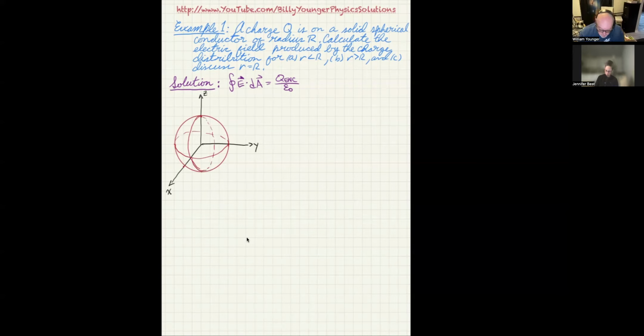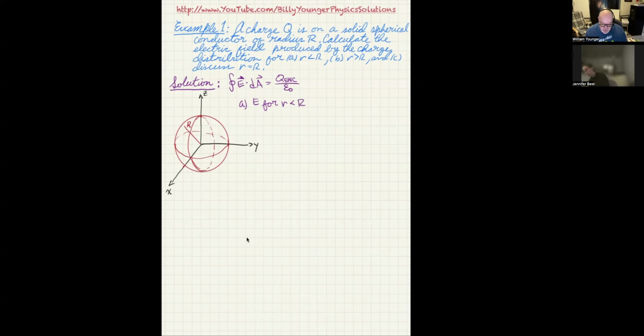And what I'm going to do is go ahead and try to calculate for part A. Oops, I forgot it should be working in purple. We're going to calculate the electric field for r less than big R, reminding everybody that this radius here is big R.